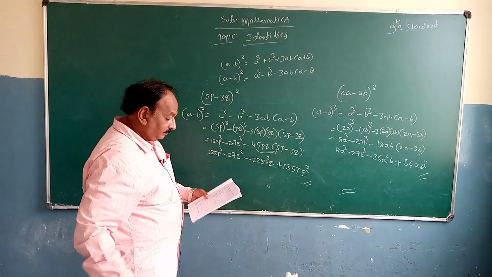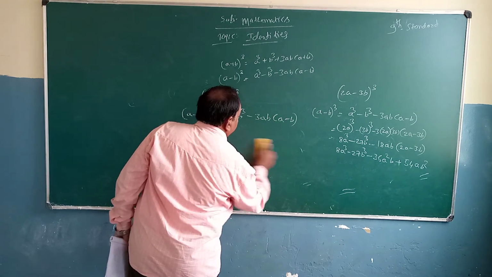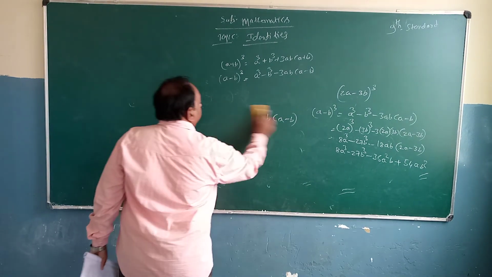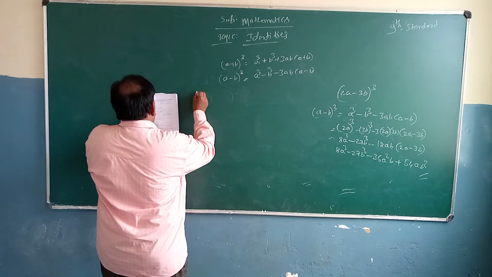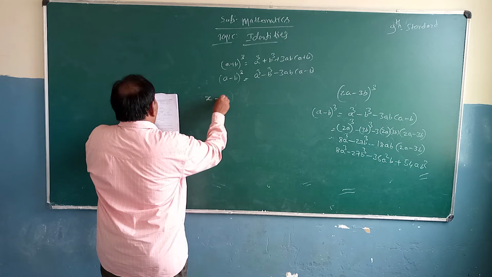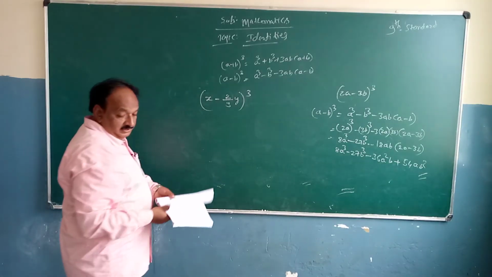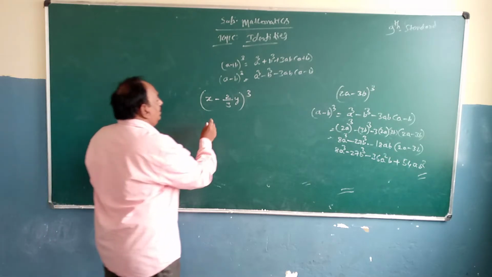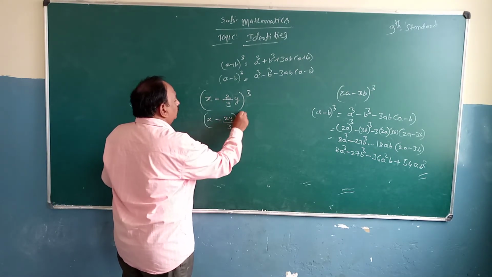Next problem. 3 by 2 x minus 2 by 3 y whole cube. This can be written in another way, x minus 2y by 3 whole cube.